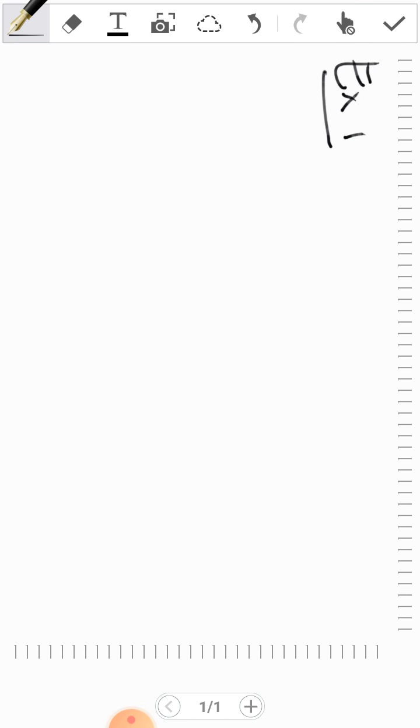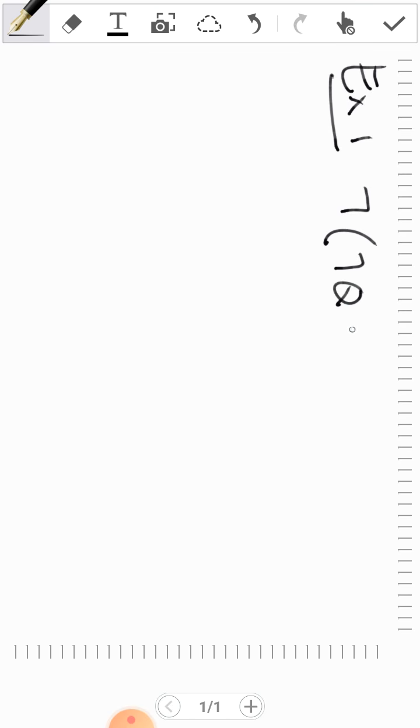And our first example will be to show that not Q implies not P is equivalent or equal.